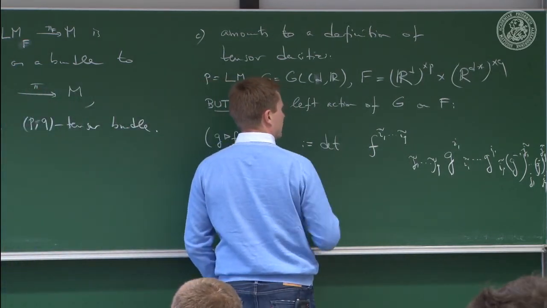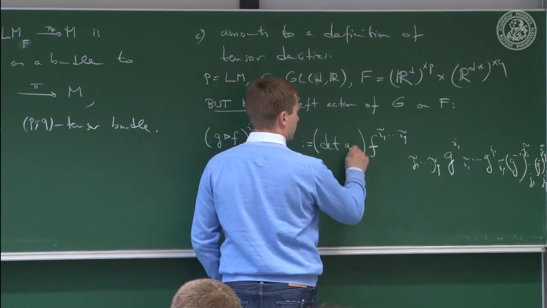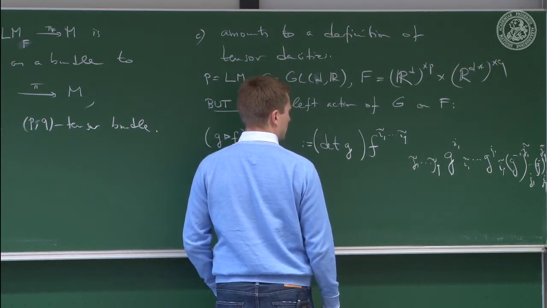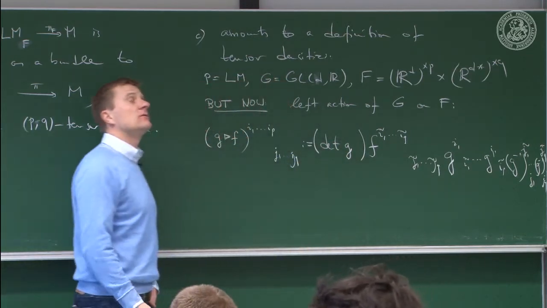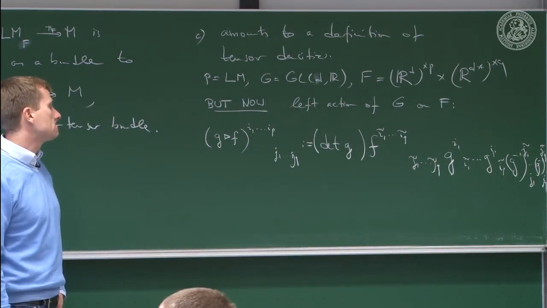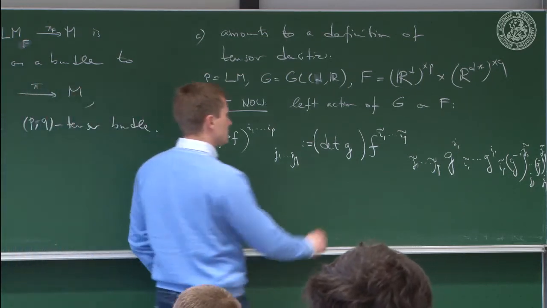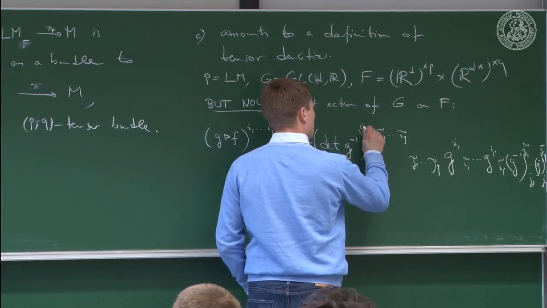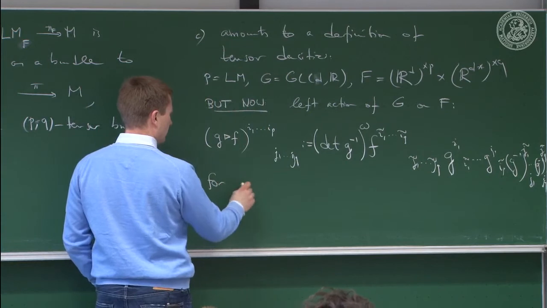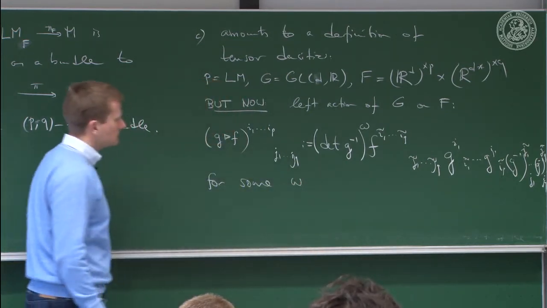We write here in front another factor, namely determinant of the G inverse. Let me think for a second. I think it's determinant of the G inverse to a power omega for some omega.